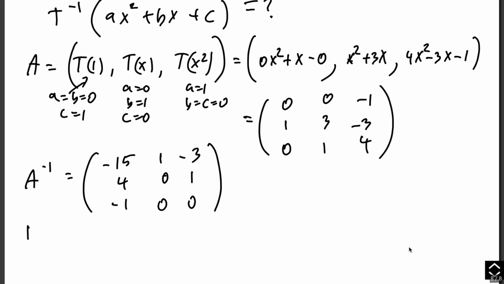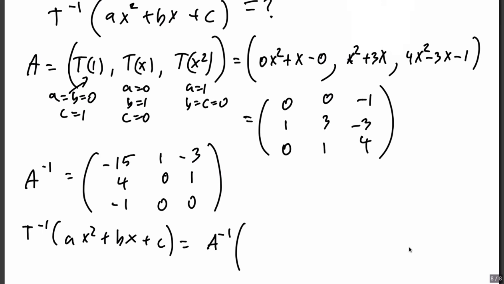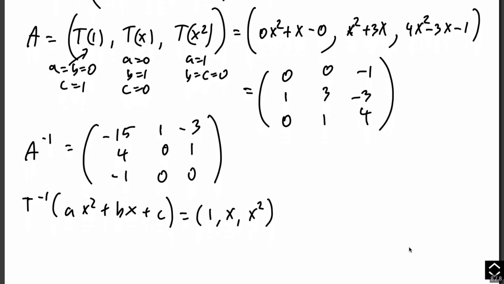And that means that T inverse of ax squared plus bx plus c will be A inverse applied, let me write down the whole thing correctly. So the standard basis is 1, x, x squared, and then this has to be multiplied by A inverse and the coordinate matrix of this polynomial.